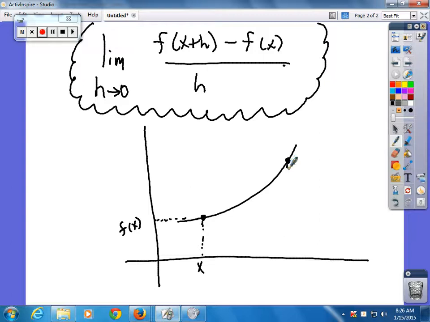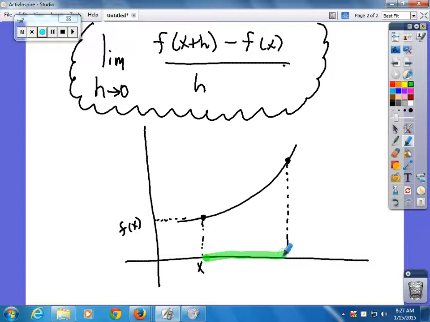This spot is not x because that's x. You can't say this is x is equal to 3 and x is equal to 4 and 4 is equal to 3. You can't do that. So you have to call this something else. So we're going to say that, and some of y'all may watch the video the other day that I put up, and I did this. I highlighted this portion right here.